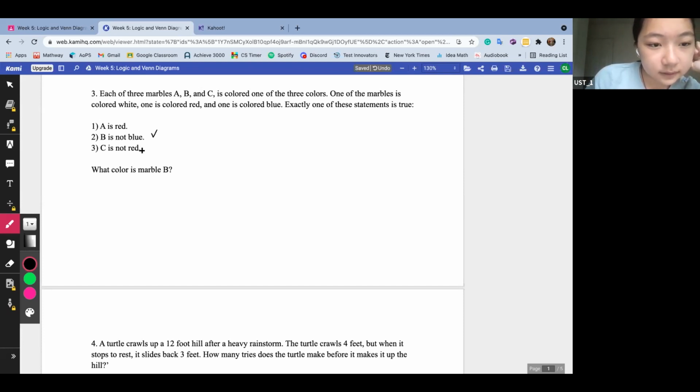So if 2 is true, then 3 is false, which means that C is red. That also means that 1 is false, which means that A is not red.